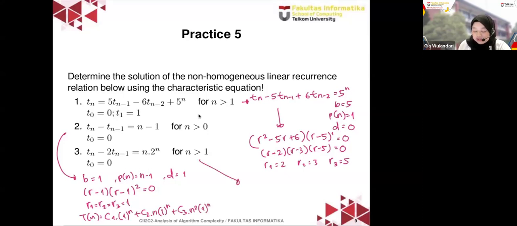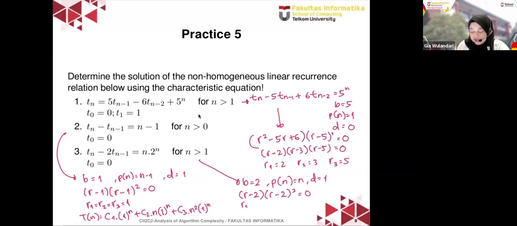And for the third example, we will have b equals to 2. The polynomial is n, so the degree is 1. So we will have r minus 2 from the left-hand side part, and then r minus b to d plus 1 equals to 2.